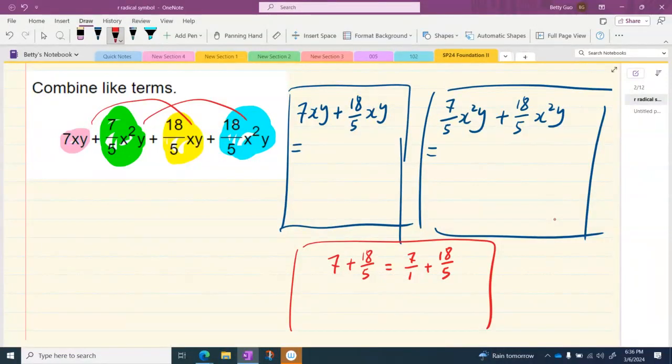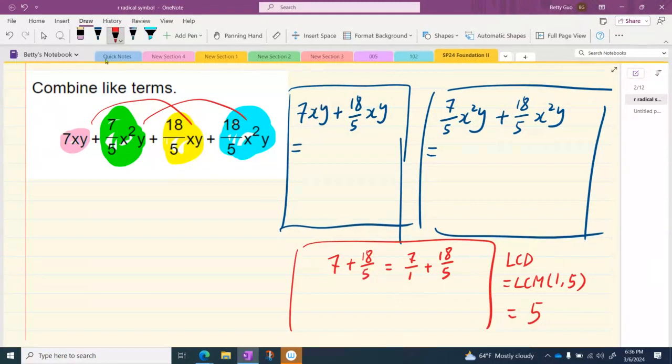In order to make the two fractions have the same denominators, we need to find the least common denominator, right? Least common denominator is the least common multiple of 1 and 5. Yeah, it is 5. You can see this case as the first special case because 1 is a factor of 5. 5 is a multiple of 1, so LCM is a bigger number.